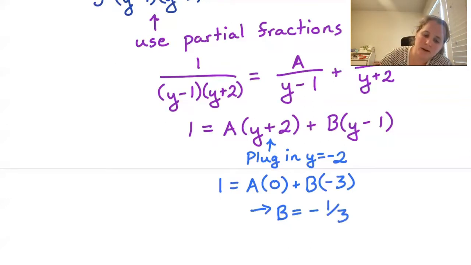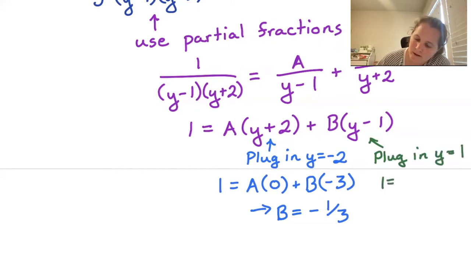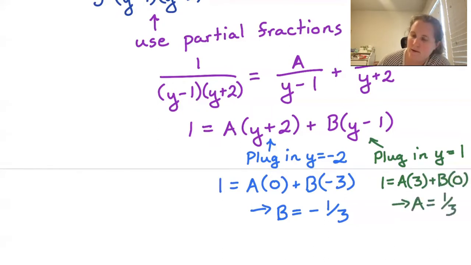Then we'll plug in y equals 1. And we have 1 is equal to A times 3 plus B times 0, and that tells us that A is equal to +1/3.